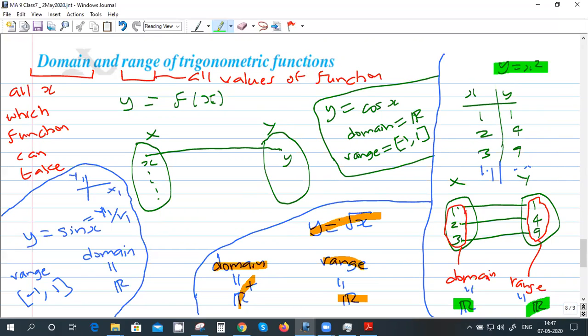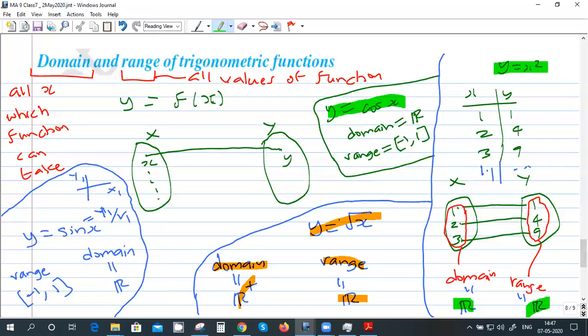Similarly, in the case of sine, cos, and tan, are there any restrictions to the domain? For example, take y equal to cos x. Domain, is there any restriction? The angle can be negative. Negative angles, yes.